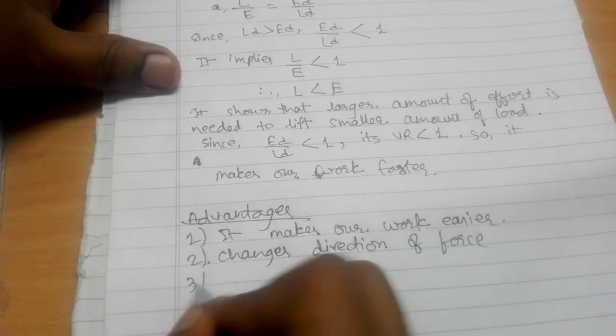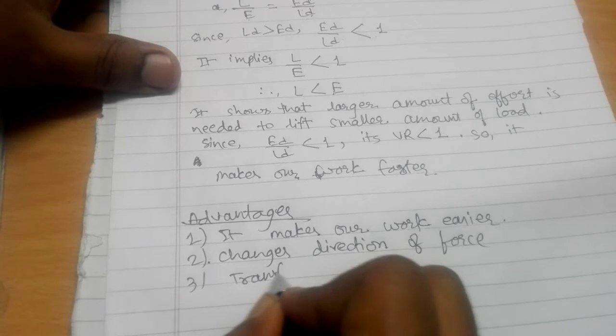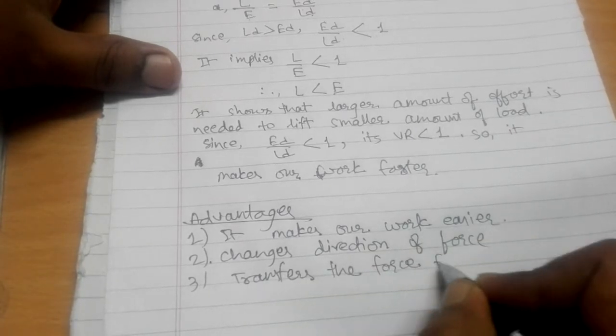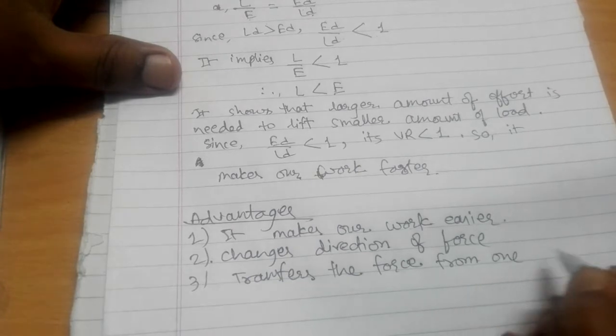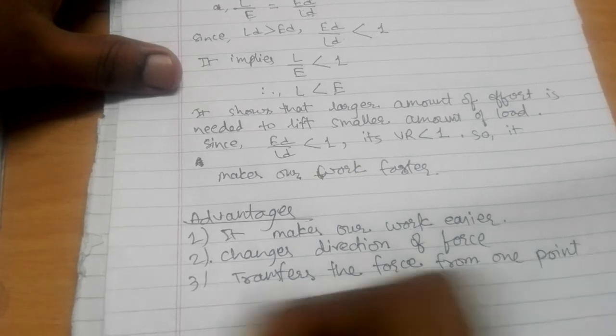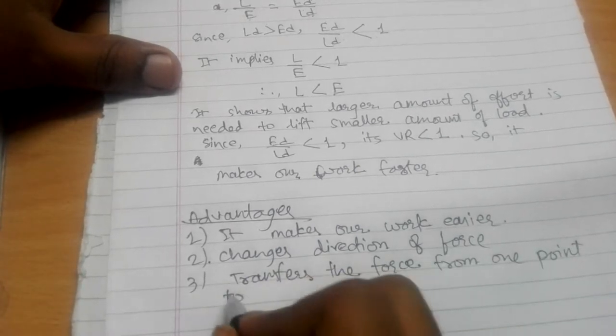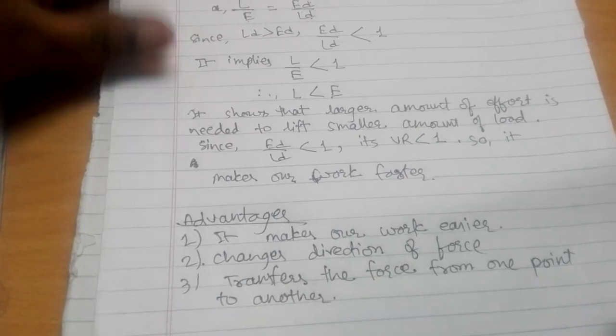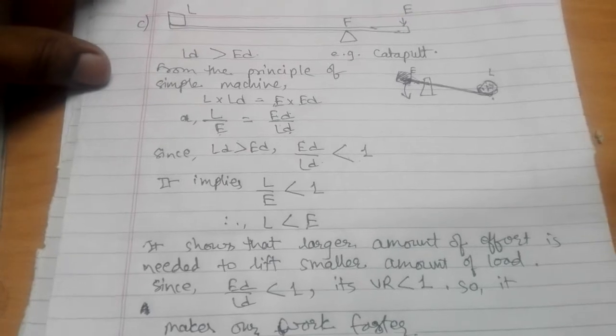And number three, it transfers the force from one point to another. And this third advantage is provided by all kinds of simple machine. Do you understand this or not?